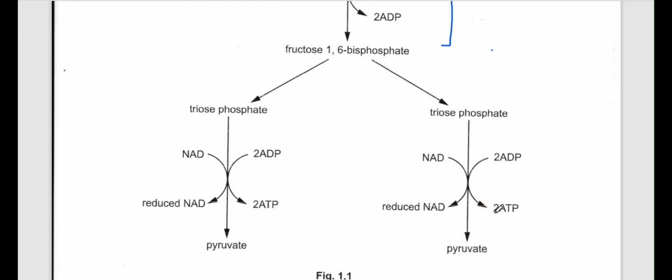It means 2 ATP you are getting over here and 2 ATP you are getting over here. Altogether 4 ATP molecules are produced. At the same time, if you see the coenzyme NAD, so there are two molecules of NAD, nicotinamide adenine dinucleotide, which has been reduced in the form of reduced NAD or reduced coenzyme form.